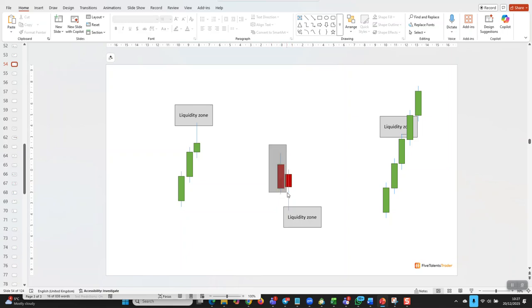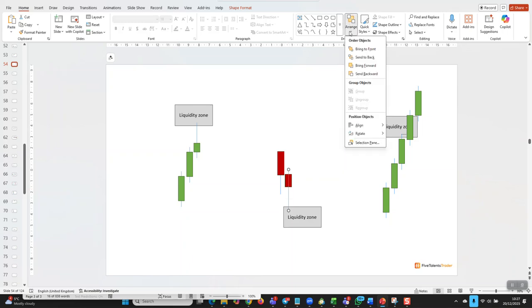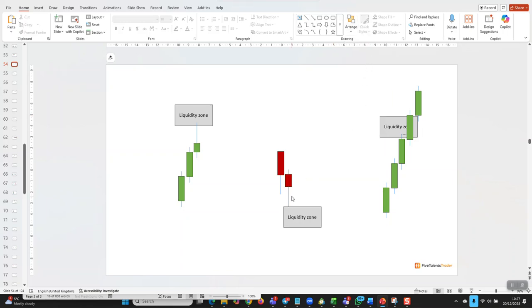So let's move this up so that it's more like it. Price comes into the zone, touches that zone and then pushes back up. That's what I want to see happen, and that's what rejection is. Rejection from the zone, rejection from the zone.